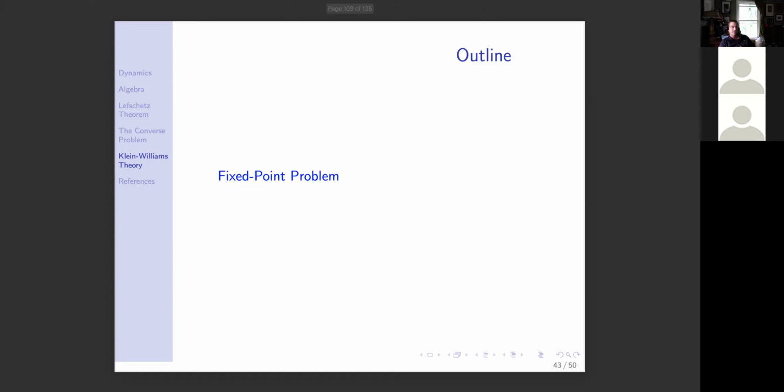So the idea is that you can start with a fixed point problem and then associate it to something called a lifting problem, which is purely a question about algebraic topology. And then you can define an obstruction to solving the lifting problem, which is a total obstruction under certain restrictions, which is cohomological.